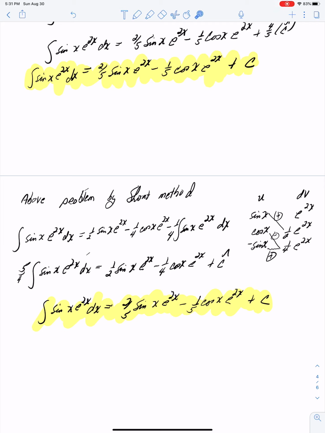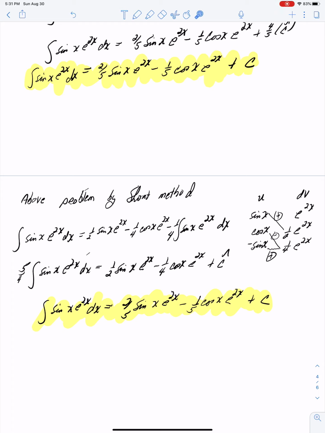Where do we stop? When we're close to where we started. Sine x here, sine x there. That's the hint to stop. Now what do we do with e to the 2x? That's dv. We integrate it. The first integral is 1/2 e to the 2x. The next one is 1/4 e to the 2x.